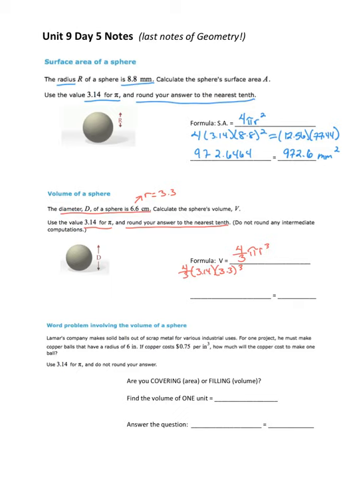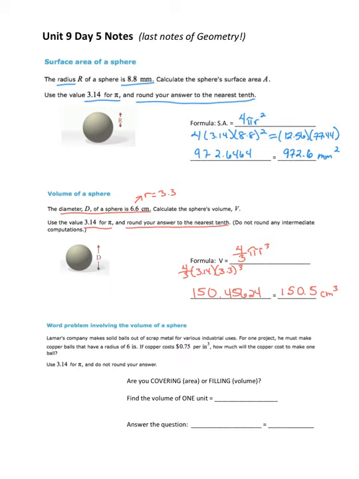Okay? 4 over 3 times 3.14 times 3.3 cubed. Alrighty, so I got 150.4624, which rounds to 150.5 centimeters cubed.